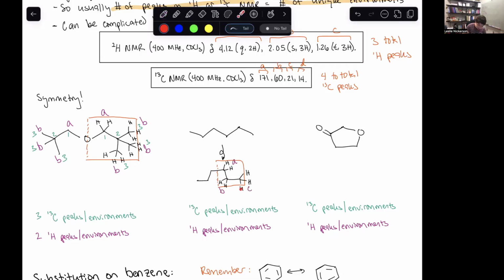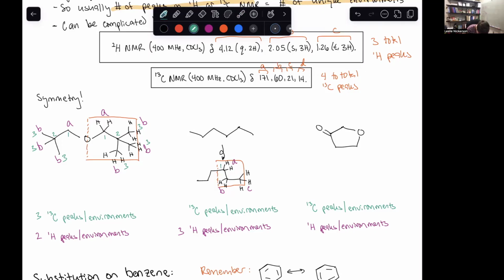And again, all 3 of these are in that same environment because they're just rotating and spinning over there. And then we did see that A and B are both mirroring each other through a plane of symmetry in the backbone of this molecule. Okay, so we've got 3 proton peaks or environments here. Then we can go look at our carbons.